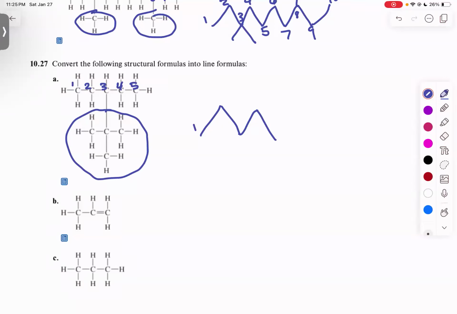Okay, so we got 1, 2. When we get to carbon number 3, what we have is a 4 carbon group. Now, coming off of the parent, we're going to give it this carbon right there. And now that carbon is attached to 4 different things.